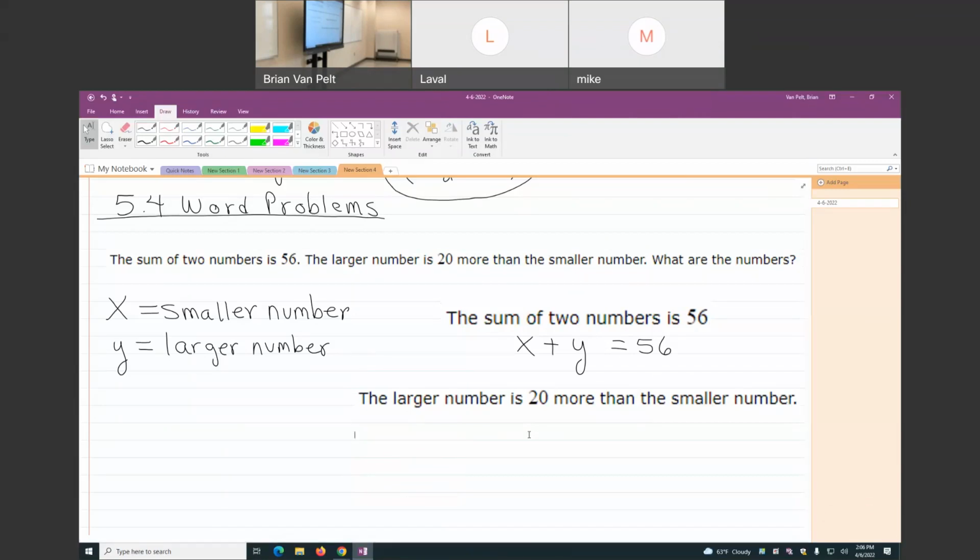What is the larger number? Right, so the larger number is y. No, don't do that. You read it right off the page. You have the larger number. We already know that this is y. Tell me, what does the word "is" mean?